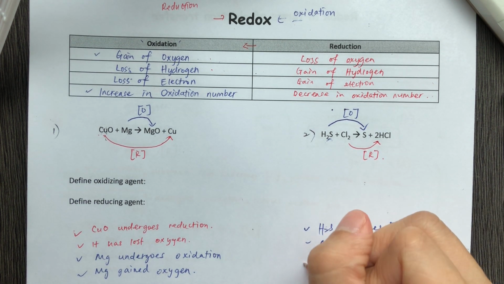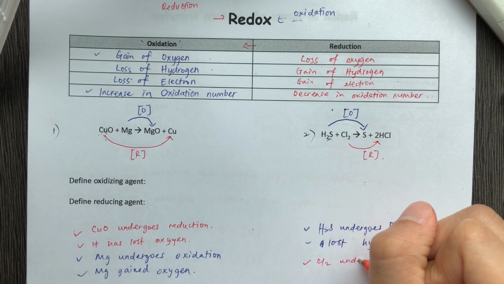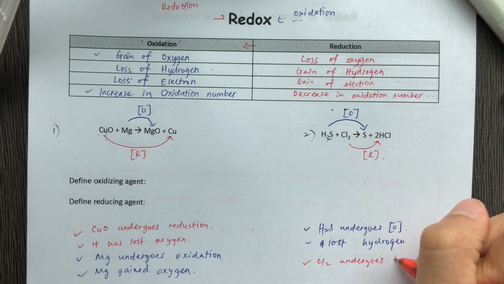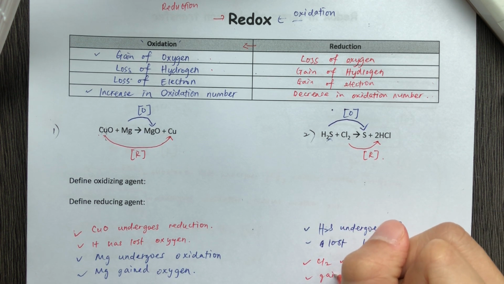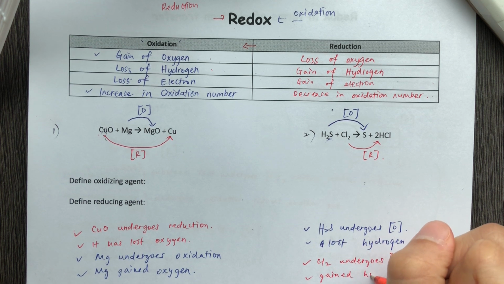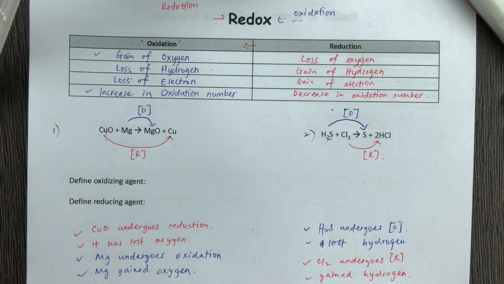And on the other hand, chlorine undergoes reduction because it has gained hydrogen. Simple as that. Alright? Okay? So this is how you identify a redox reaction and how you explain them based on oxygen and hydrogen.